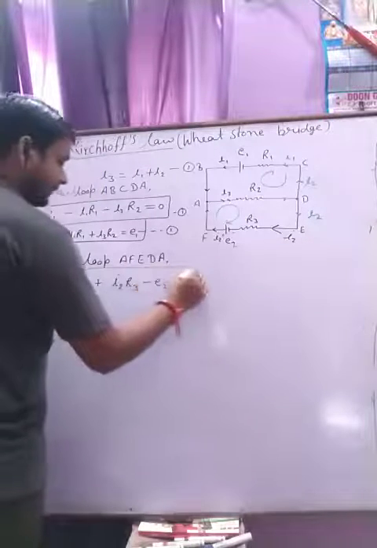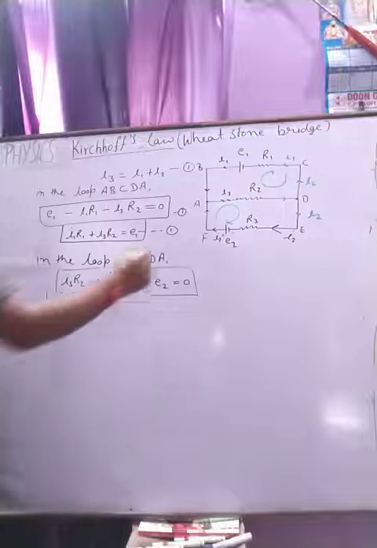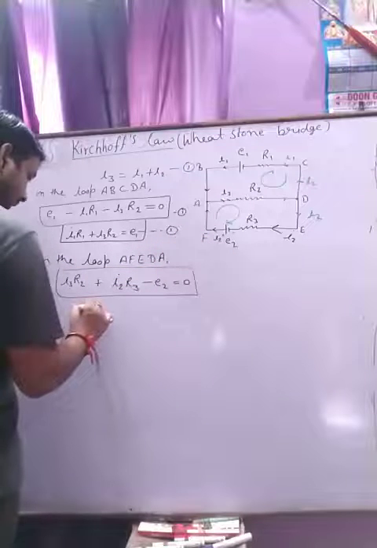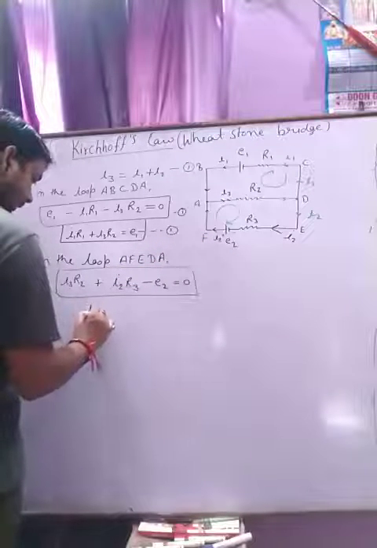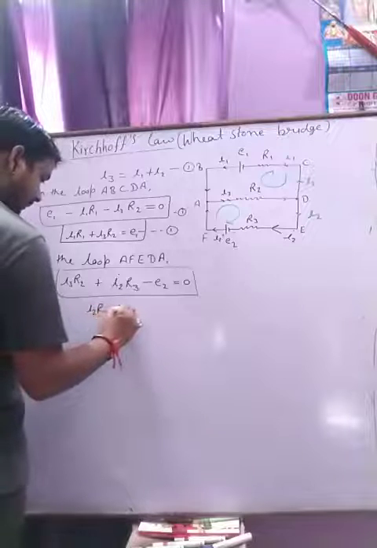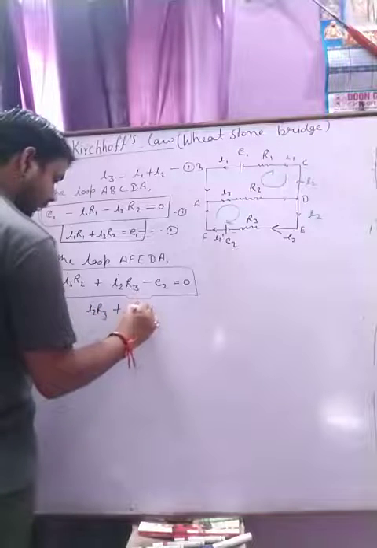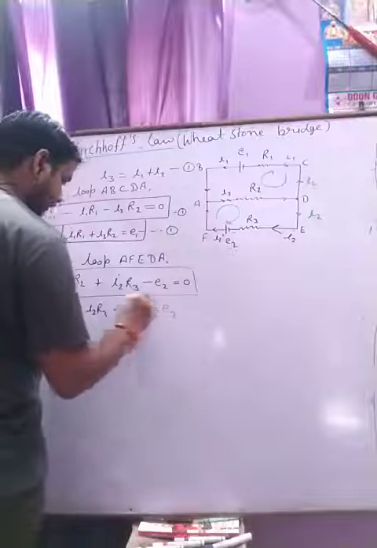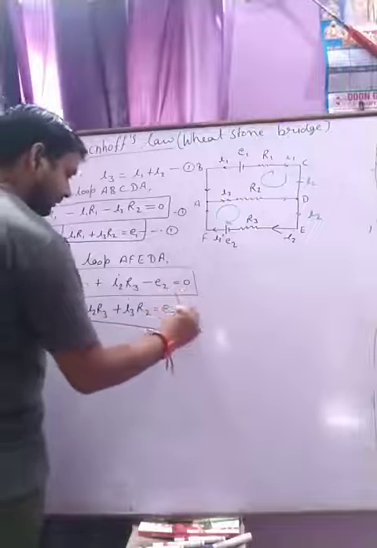This is the equation for the second loop. On solving it, we get I2 R3 plus I3 R2 equals E2. This is the second equation.